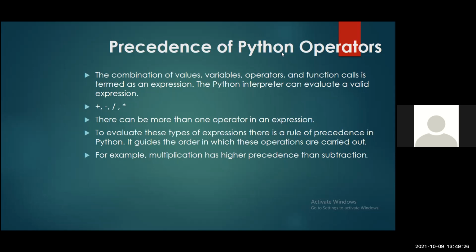Like what we all know from elementary mathematics, BODMAS: brackets are the first thing that should always be computed, and then, for instance, multiplication always comes before addition and subtraction. And then you have some operators which have the same level of precedence. That is basically what we cover in this precedence and associativity topic.